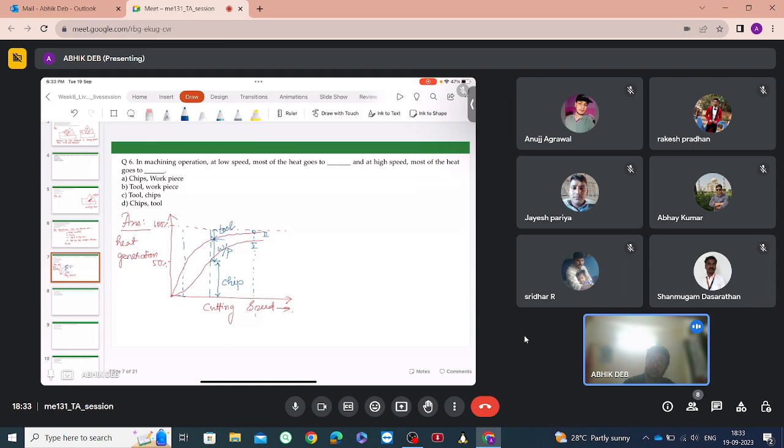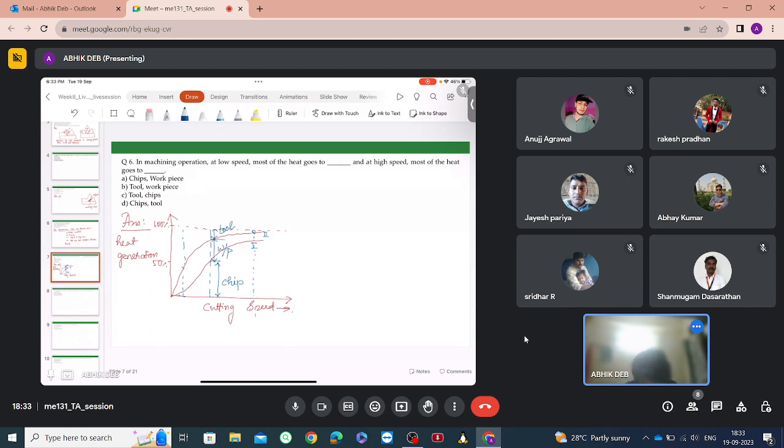Okay, so at very low cutting speed, most of the heat will be dissipated in which one now? This is an experimentally observed curve. So this is what practically happens.